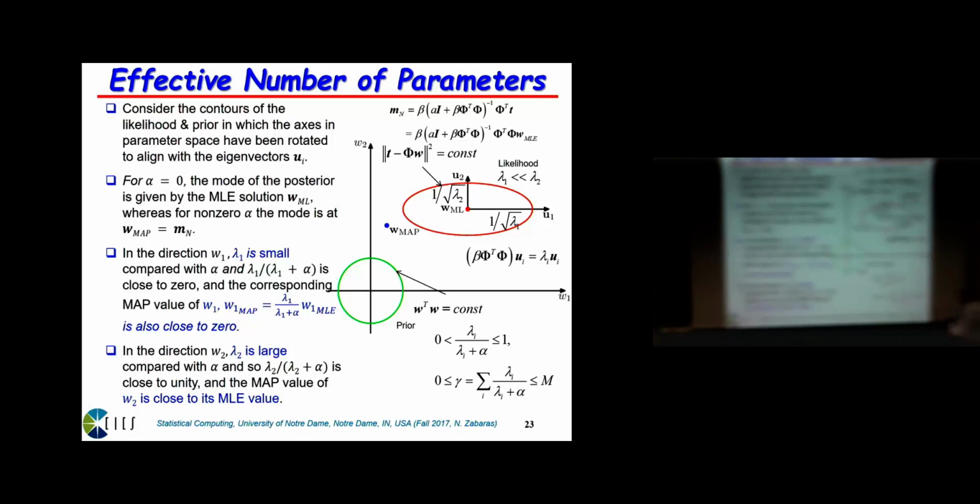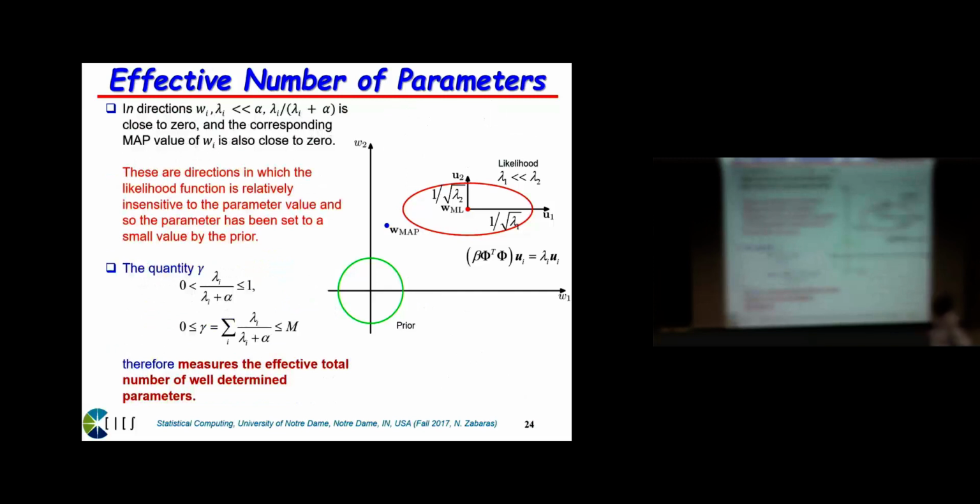So if you throw in polynomials of order M, it doesn't mean you can compute all of these coefficients, because some of them are irrelevant. This gamma defines how many of these W terms are needed and can be explained by the data. So this is a very nice way to reason about the effective number of parameters.